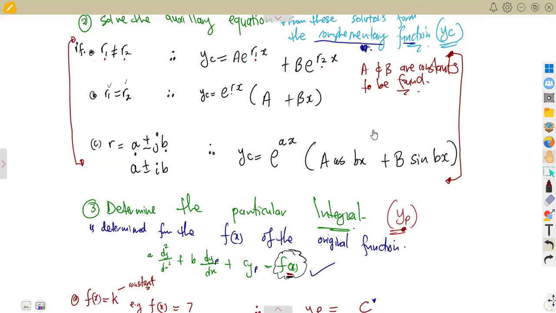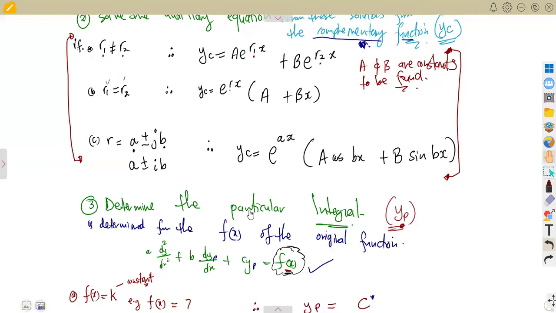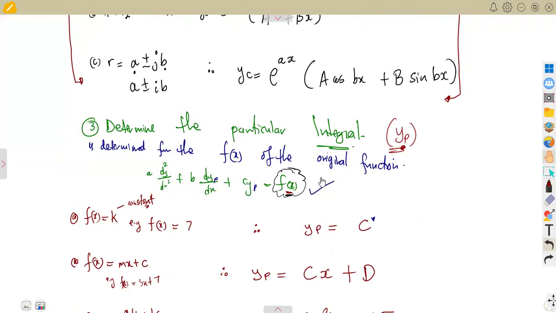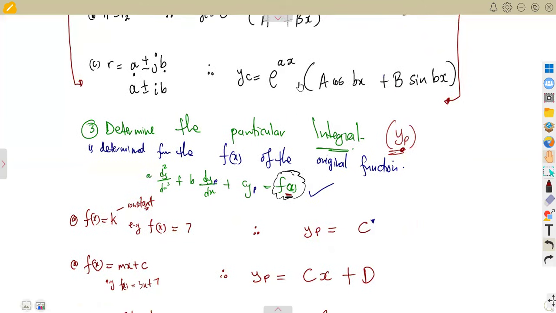Meaning to say we do not have A and B yet. But on this particular integral, the constants we calculated their values, the value of C, the value of D, everything is there. So the only constants that you see are only A and B.